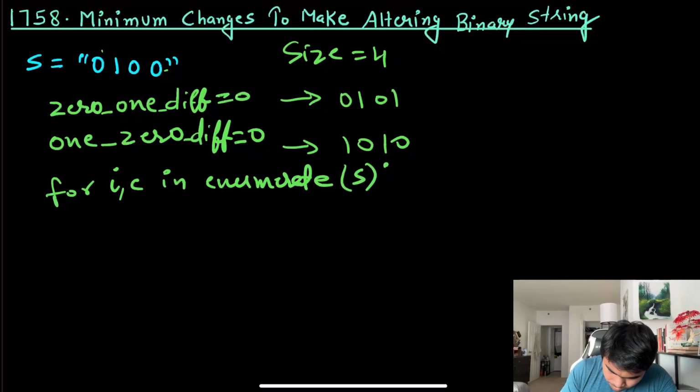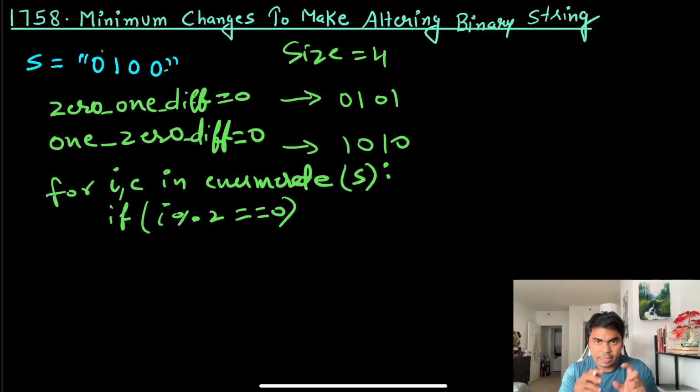In the s, if this i mod 2 is 0, so an even position, at that even position I wanted to start with 0.